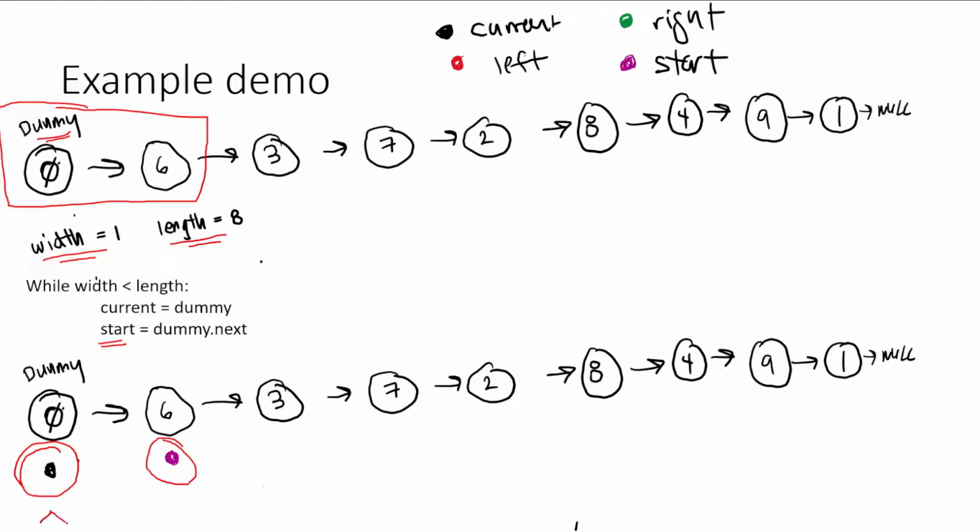Again, this current pointer is before the head so that it can add those elements into the list, including the head, without any issues. But the start is at this location so that this is where we want to begin splitting those subsections in the linked list.